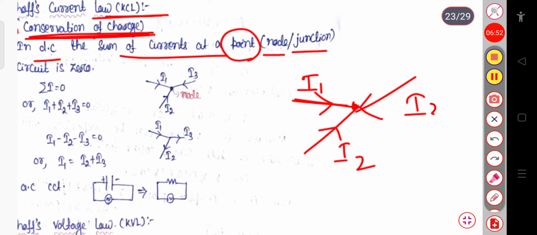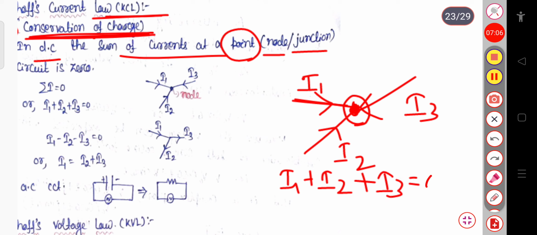At this point, if you want to calculate the current value, it will be the sum of the currents, since they are in the same direction. So I1 plus I2 plus I3, or we can say the sum of the currents, will be equal to 0. If there are currents like I4, I5 and so on, the sum of currents will still be equal to 0.